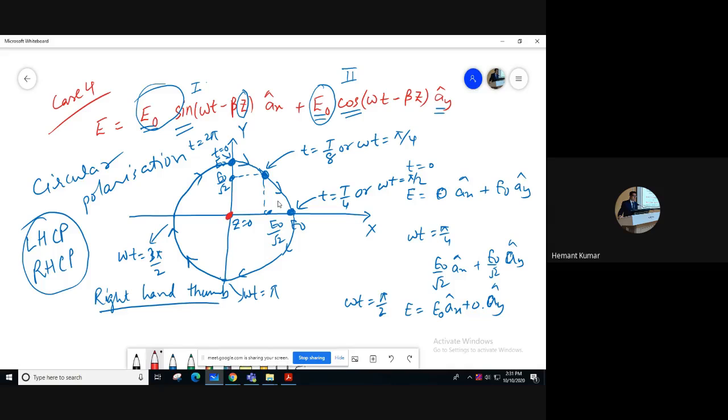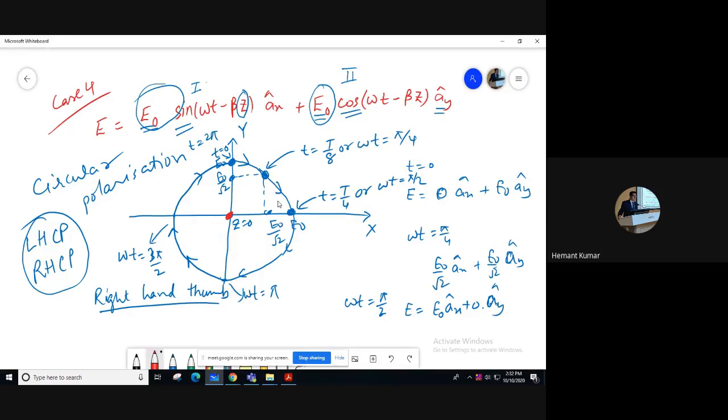Now you put your right hand thumb towards the Z direction, and if your curled fingers follow the direction of this circular motion, then your wave is right hand circularly polarized. But if you use your right hand and put your thumb outward, the curled fingers will oppose the direction of this circular motion, because your fingers will be in the anti-clockwise direction.